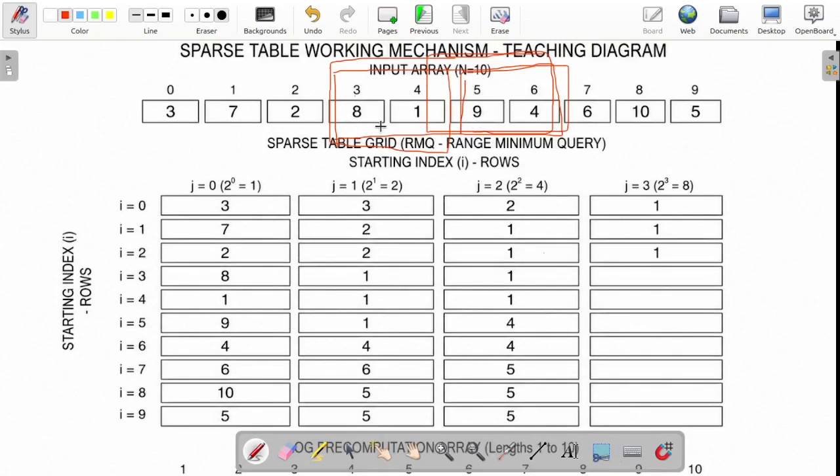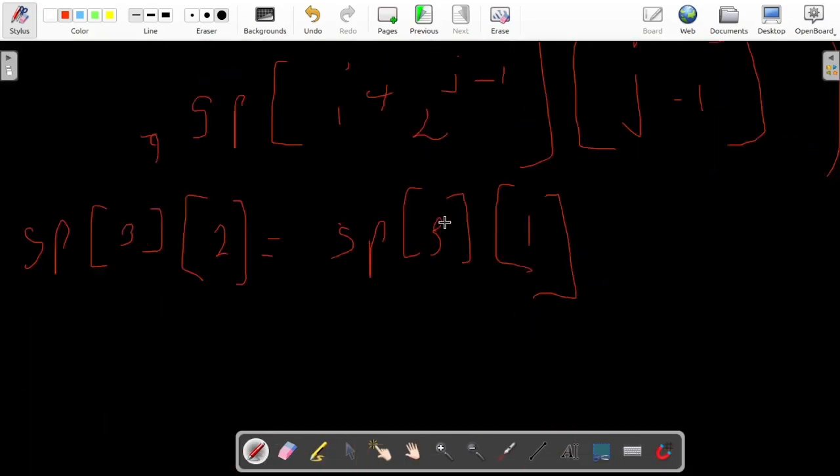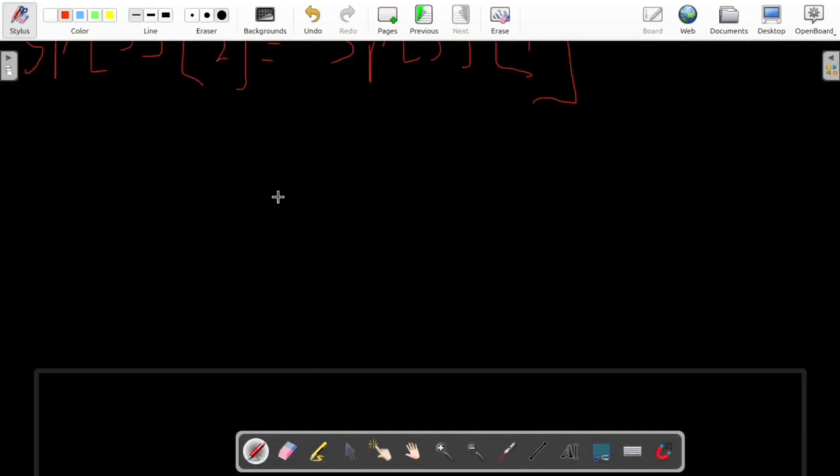We have considered the first two elements. We need two more elements. So if I'm standing on index 3 and I have considered the first two elements, I need to move two elements ahead. So we need to simply write comma SP of 3 plus 2, to move two elements ahead.